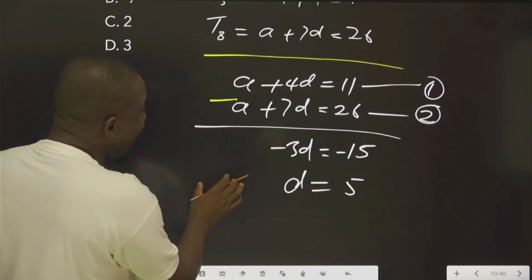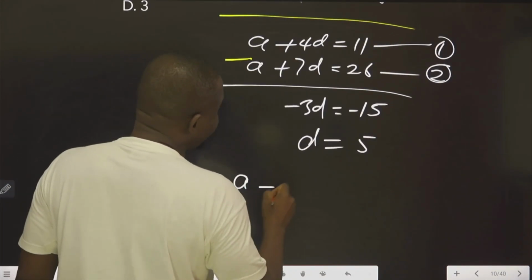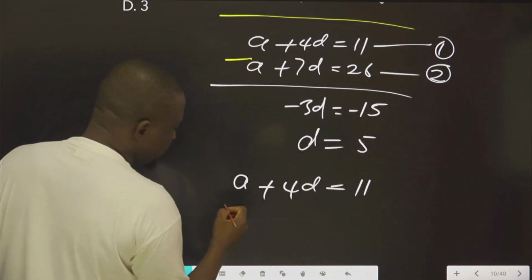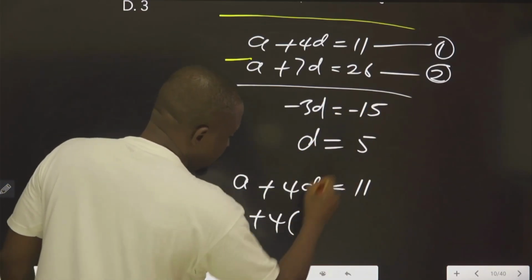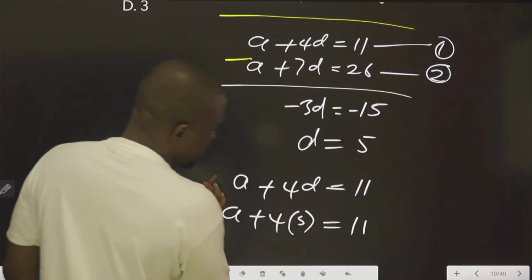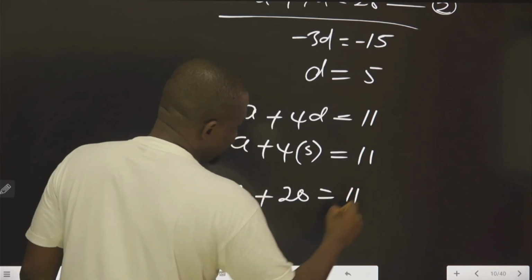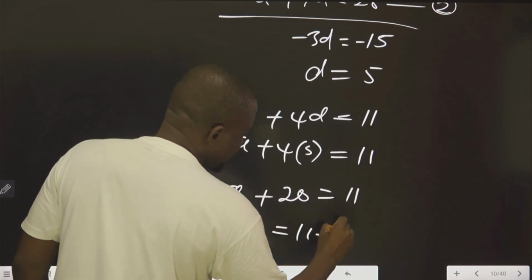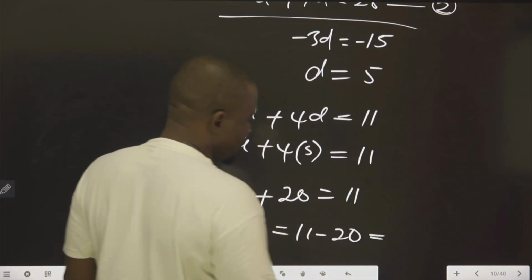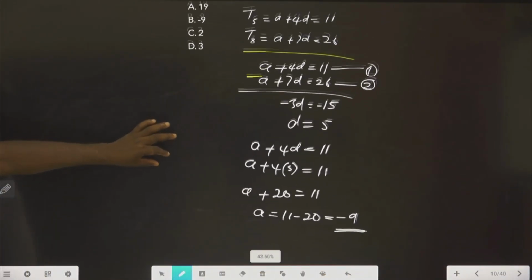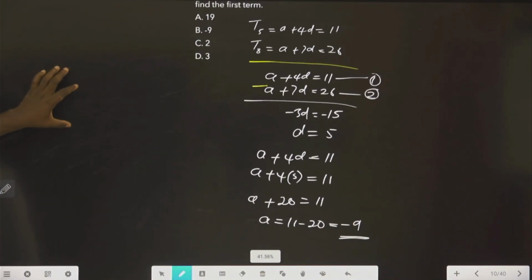Now, remember we are looking for A. A plus 4D, using the first equation, we substitute this. You agree with me? This will give us A plus 20 equals 11. A is 11 minus 20, which gives us minus 9. Let's see. B is the answer.